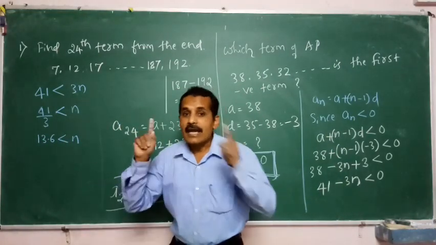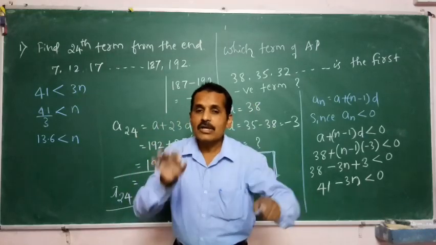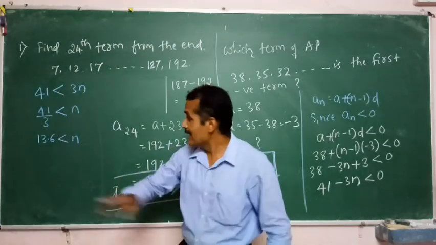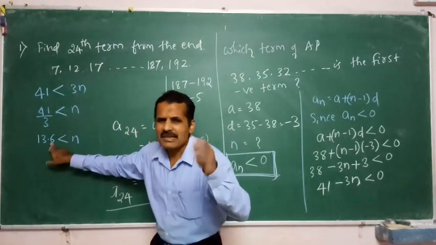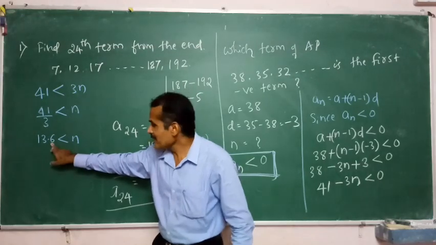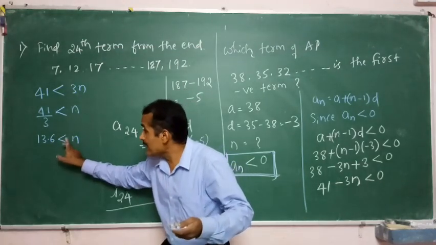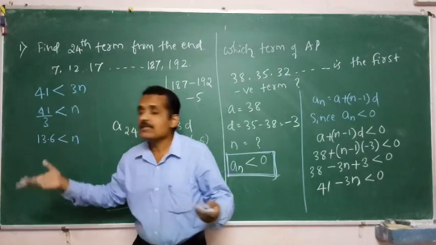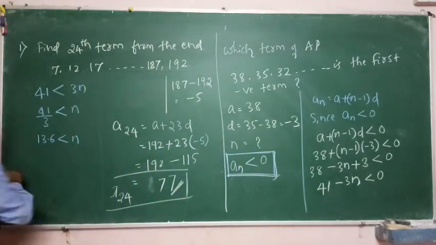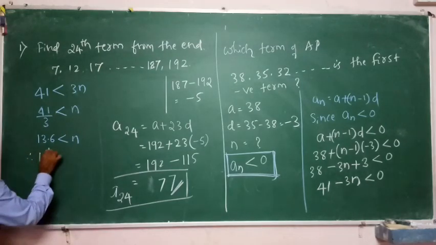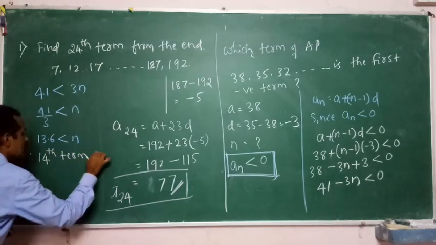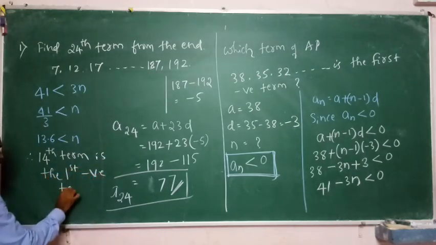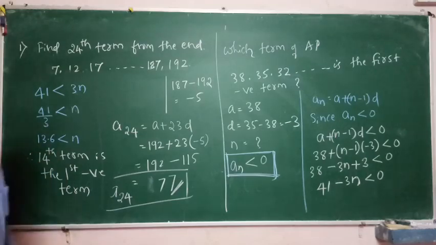That means the 14th term must be the first negative term. This decimal makes not much difference for us. N is greater than 13 means, therefore, the 14th term is the first negative term.